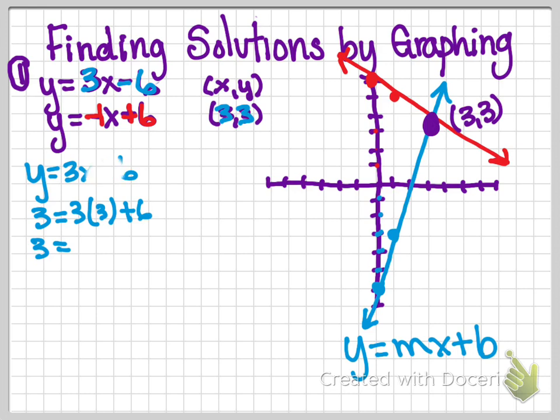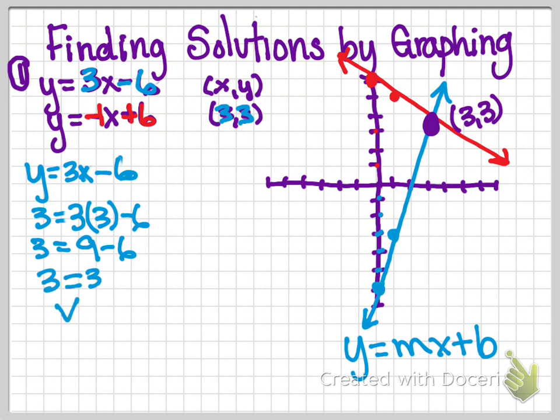Sorry, this should be minus 6. So rewriting it now with x as 3: 3 times 3 is 9, and 9 minus 6 is 3. 3 equals 3, check.